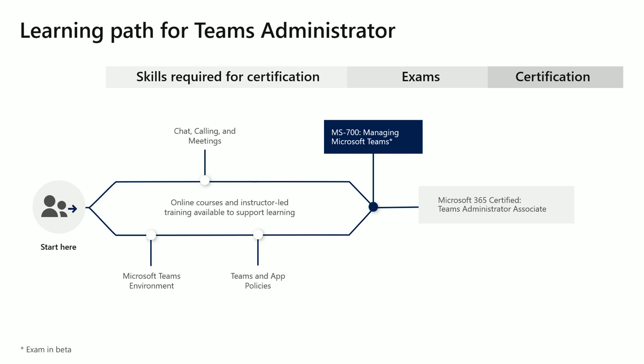Please note that this exam is in beta at this moment, so you will not get scoring right away. You will get your final score and passing status once the exam goes live. If you want to know more about what a beta exam is, there's a blog that explains the scoring process. You can check the link in the announcement blog post of this certification exam.